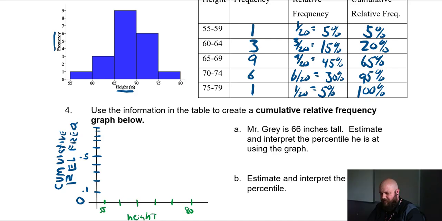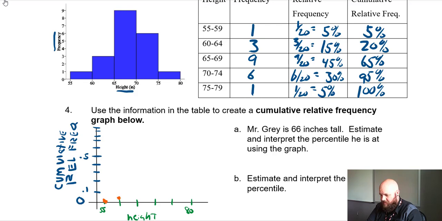Okay, so to graph this out, let's go ahead and use orange here. And we'll start at 55, start at 0, right? But then to get up to 60, we changed 5%. All right, and we went to 65 and we changed 20%.